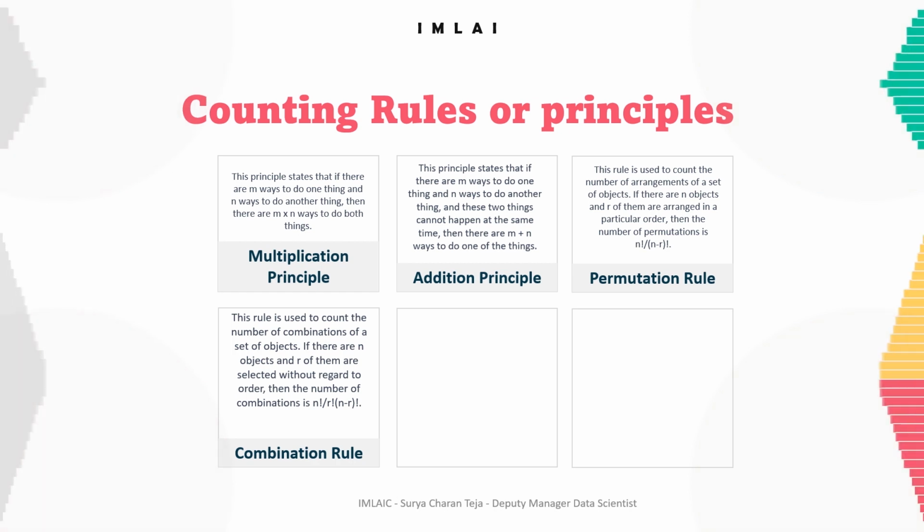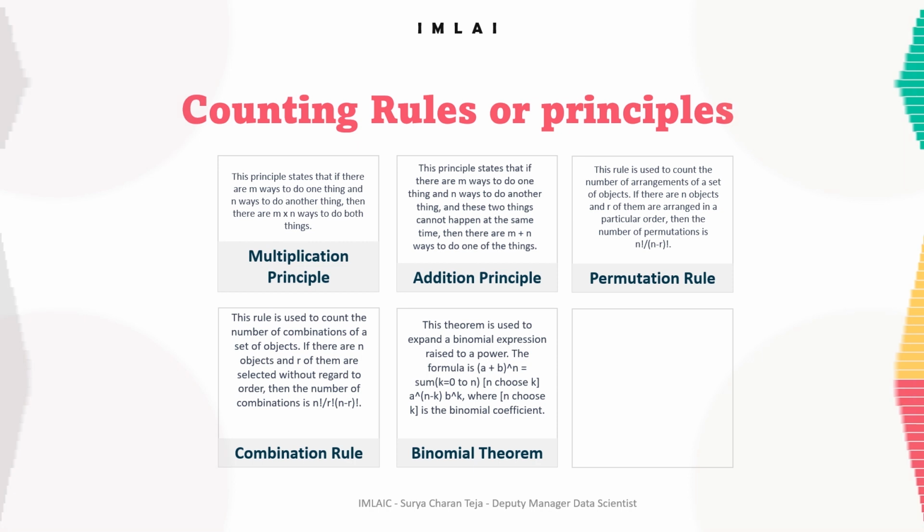Next we have the binomial theorem. This theorem is used to expand a binomial expression raised to a power. The formula is (a plus b) to the power n is equal to the summation of k equals 0 to n of n choose k, a to the power n minus k, multiplied by b to the power k, where n choose k is the binomial coefficient.